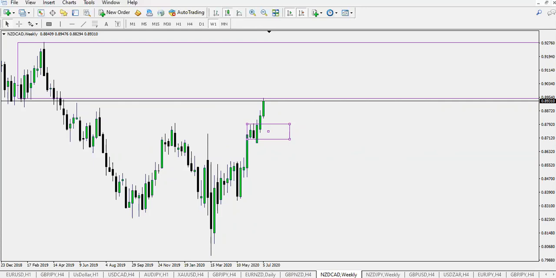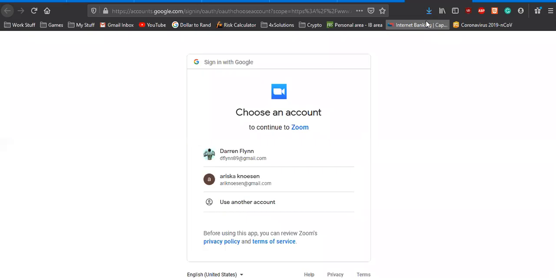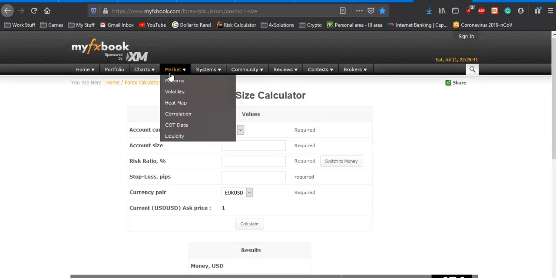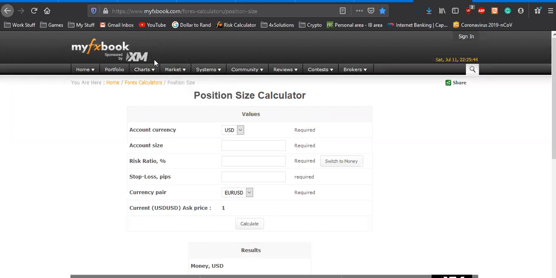0.01, it generally represents 10 cents a pip on the chart. Now, there is a website I can send you to where you can be specific to this, and it tells you exactly where price will go and how much its value is. I'll send you this link. It's my FX book, and it will tell you all the currencies' value per pip, because some of them are different, like you've noticed.